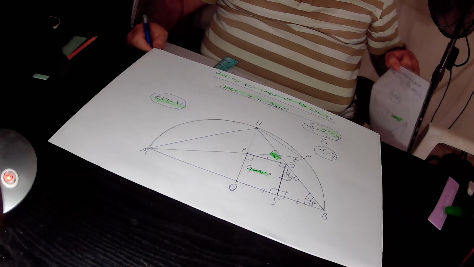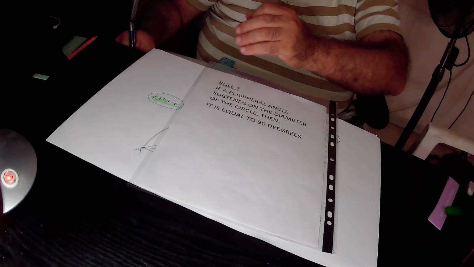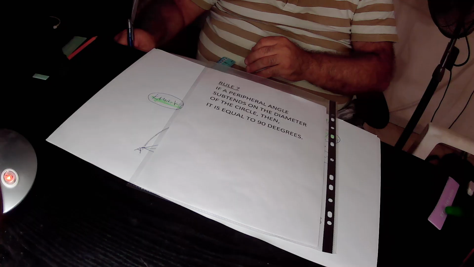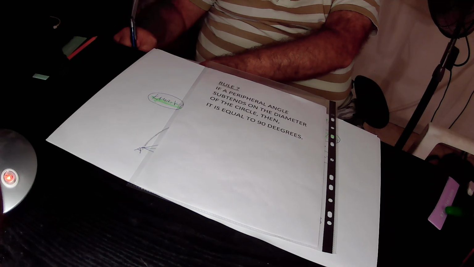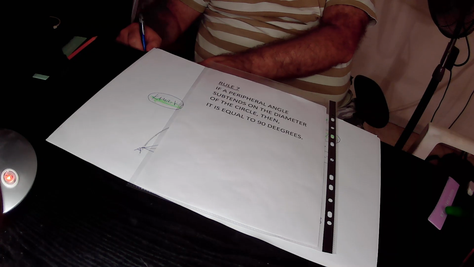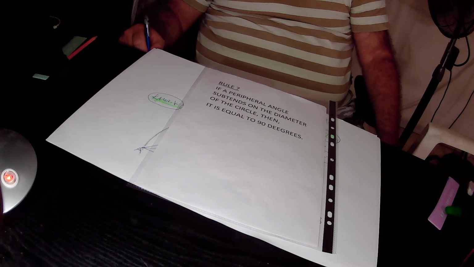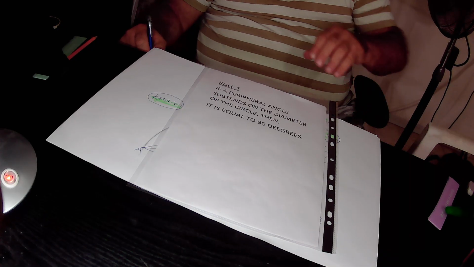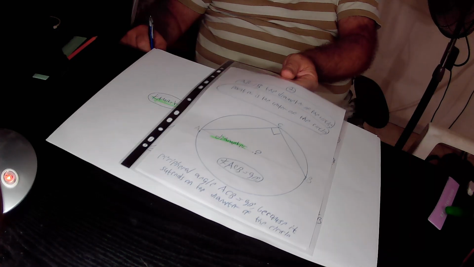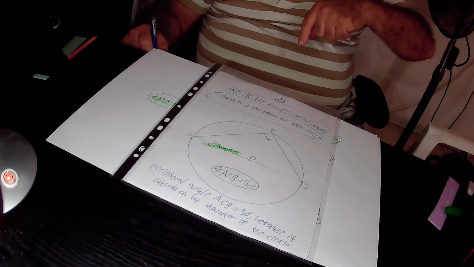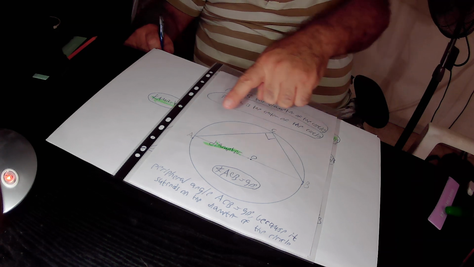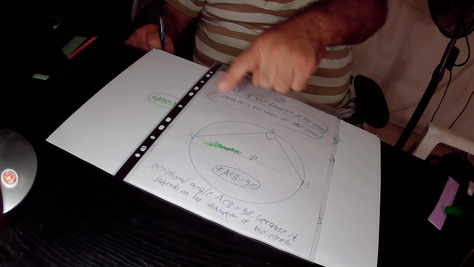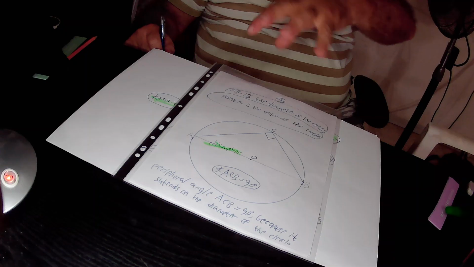So I click on rule 7. According to rule 7, if an angle subtends on the diameter of a circle, then it is equal to 90 degrees in its size. In the drawing we have a circle. This is angle ACB that subtends on AB, the diameter of this circle.